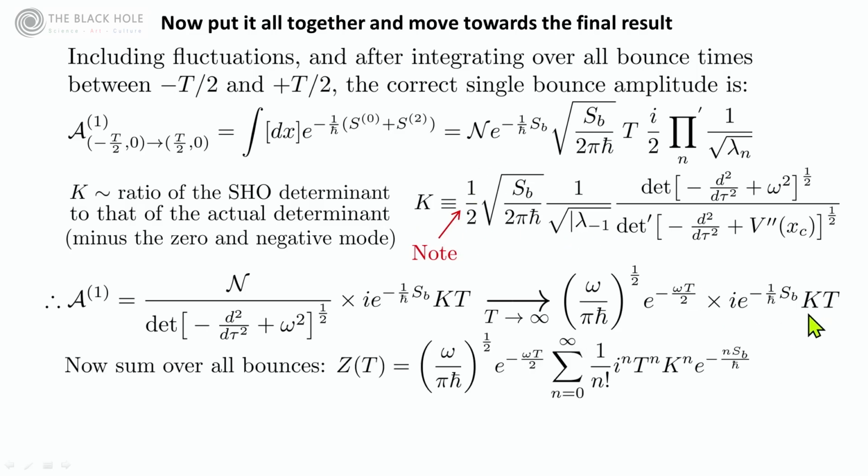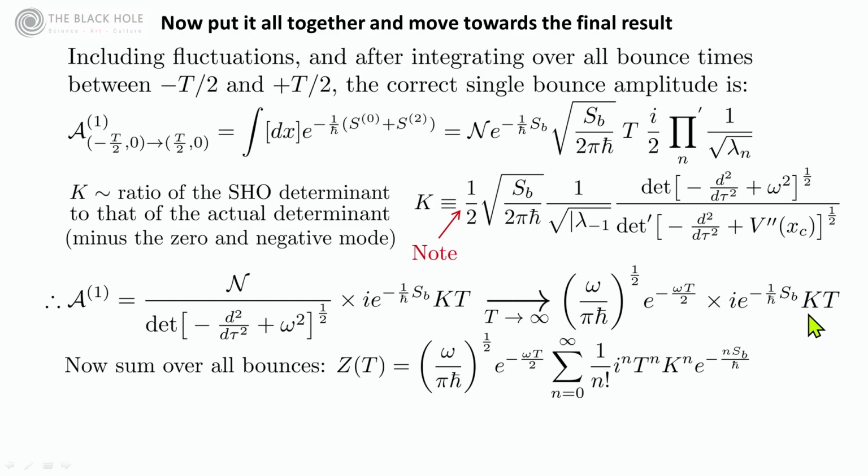And now if we want to take all instantons, that is to say all bounces. So you see the first instanton can go at time minus t over 2 and arrive at time tau equal to 0 and then return at time plus t over 2.